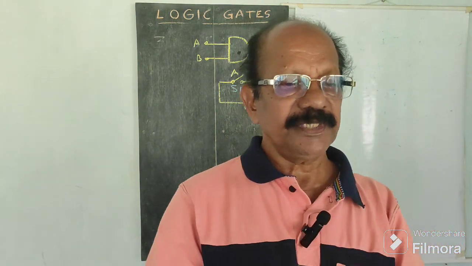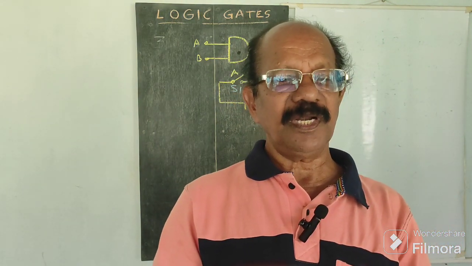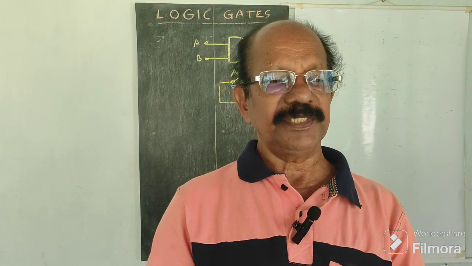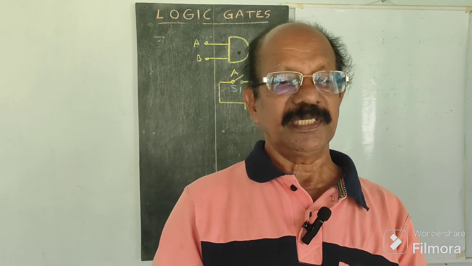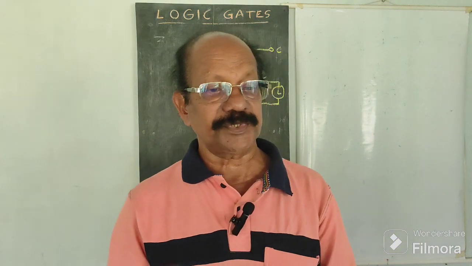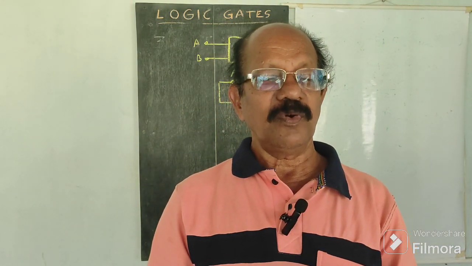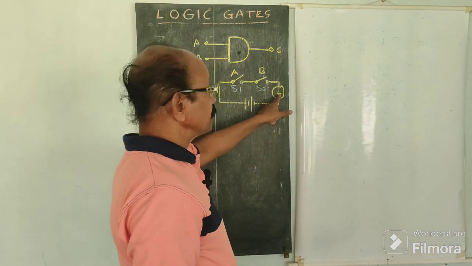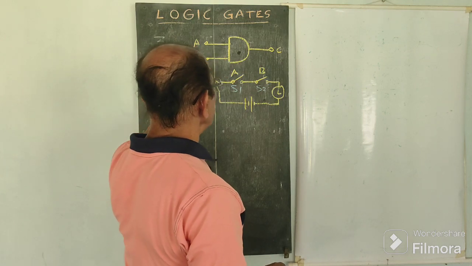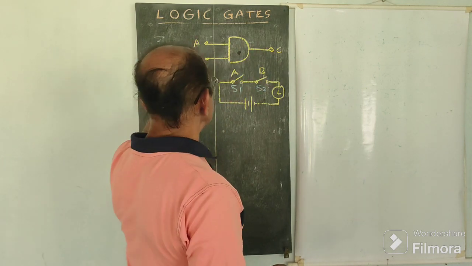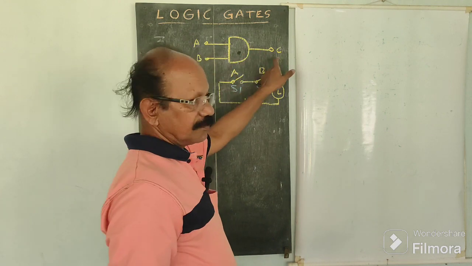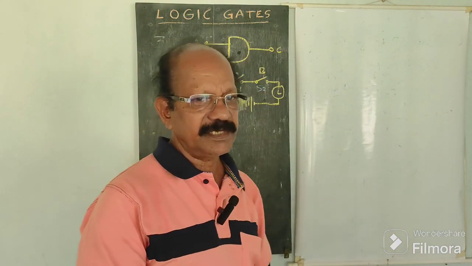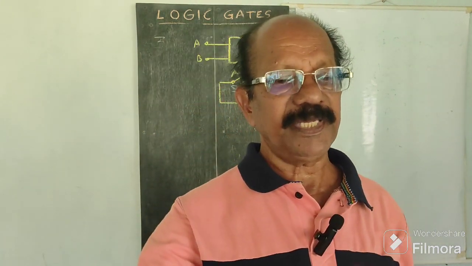The second logic is that the AND gate has output 1 when both A and B are 1. Hence, this gate is an all or nothing gate whose output occurs only when all inputs are present. When all inputs are present, then only is the lamp bright. This is 1, this is 1, means this must be 1. If it is 1 0 0 or 0 1 0, whatever it may be, all the inputs must be high, then only the output will be high. That is the AND gate.